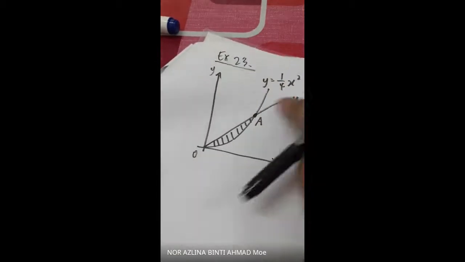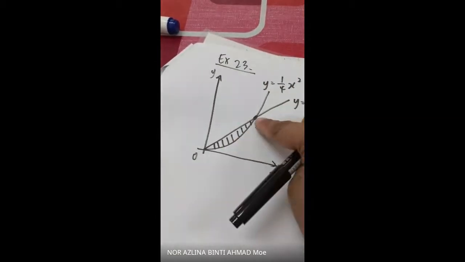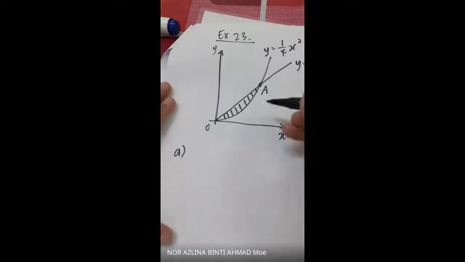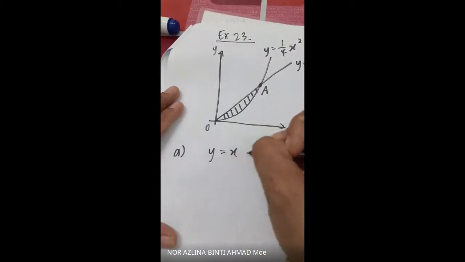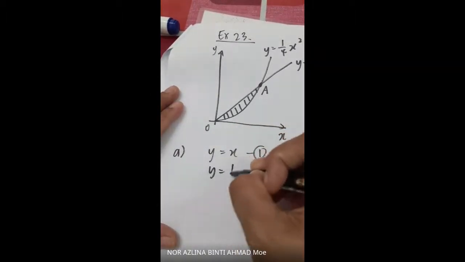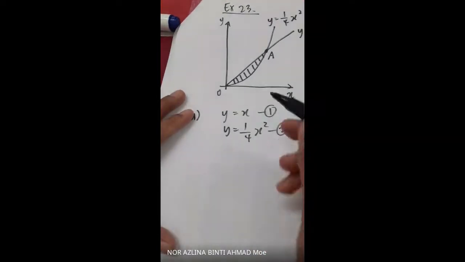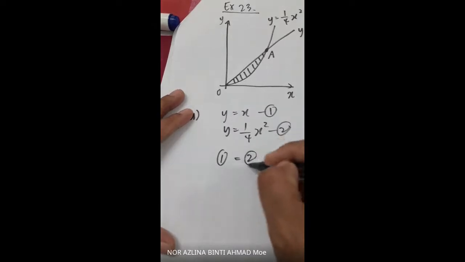We have two functions. So to get the intersection point, we need to use simultaneous equations. So y equals x, first equation. y equals 1 over 4 x squared, this is second equation. So I can use substitution, 1 equals 2.